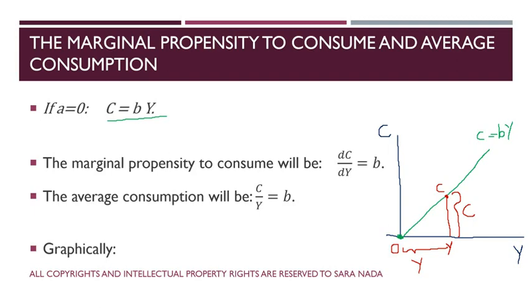So it is clear that if we have autonomous consumption equals to 0, we will have the marginal propensity to consume, which is B, the slope of the consumption function, equal to the average consumption, C over Y. So C over Y will be equal to B. Okay?